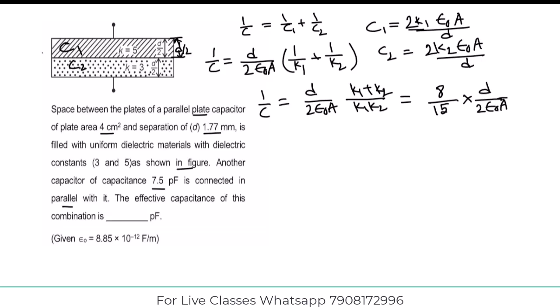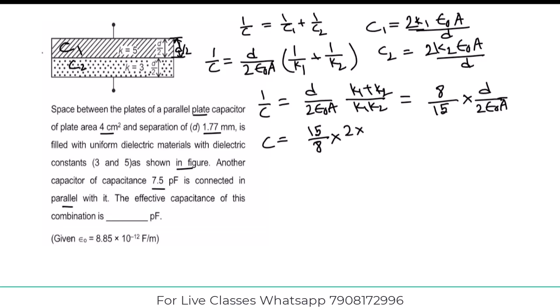Now if we put all these values, C is basically 15/8 times 2ε0A/d.